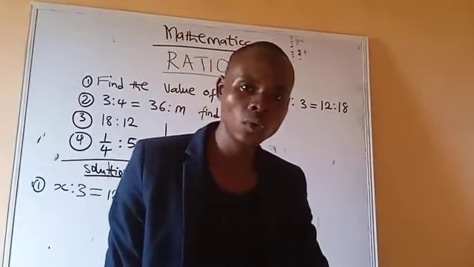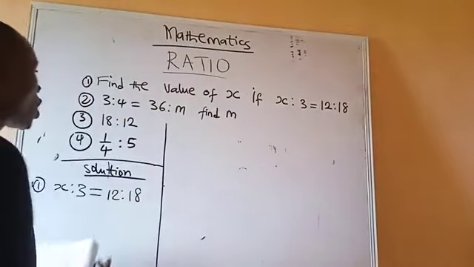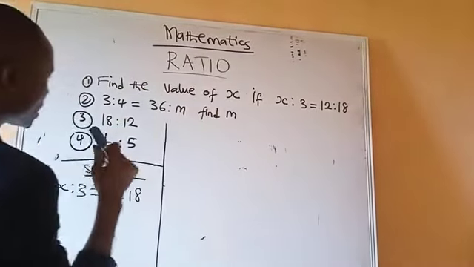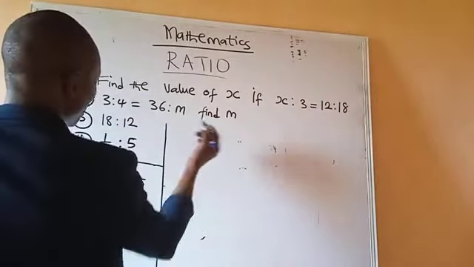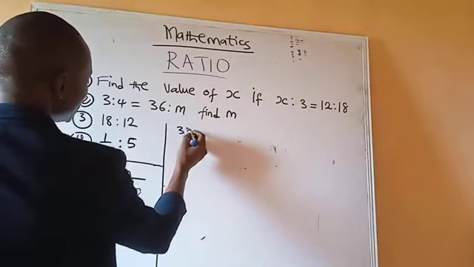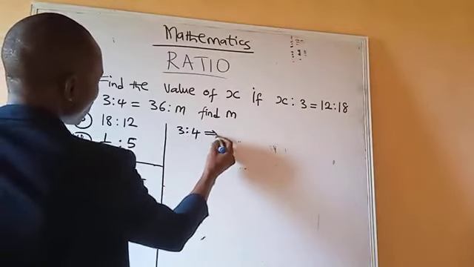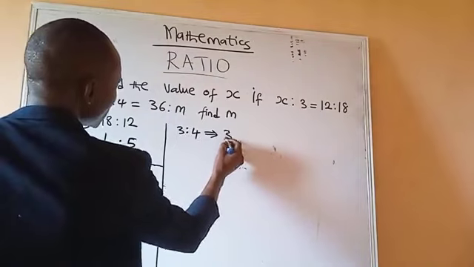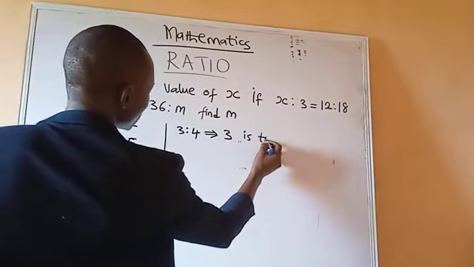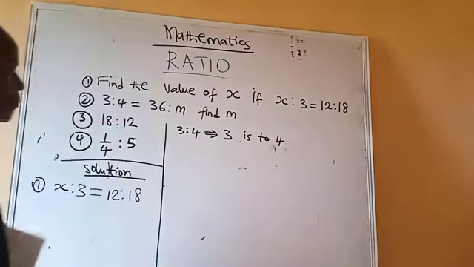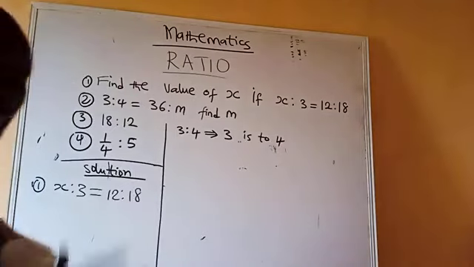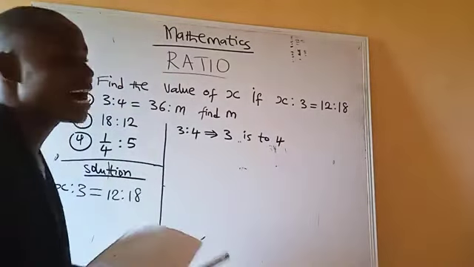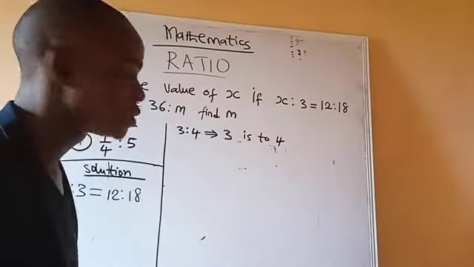That is to. 2 dots is called is to. Do you understand? This is the language we use in ratio, and it's only ratio that has this kind of language.